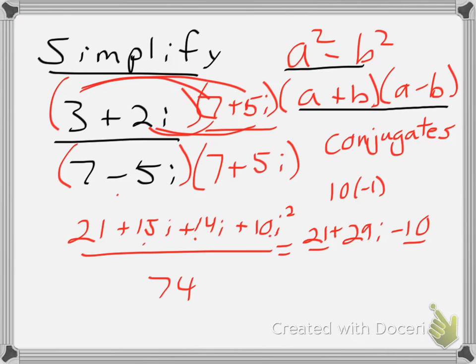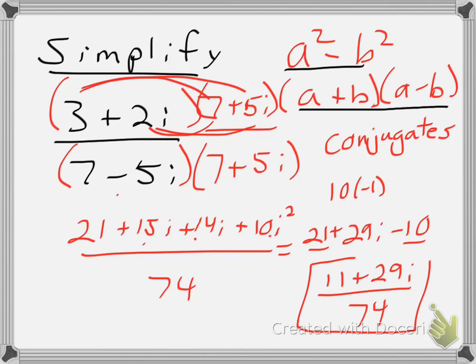And when I combine my like terms, my 21 and minus 10, I get 11 plus 29i over 74. Lastly, I want to check, can I simplify my 11, my 74, and 29? In other words, is there a term that divides into all three of those? And in this case there isn't, so we leave it as so. And this is our final answer.